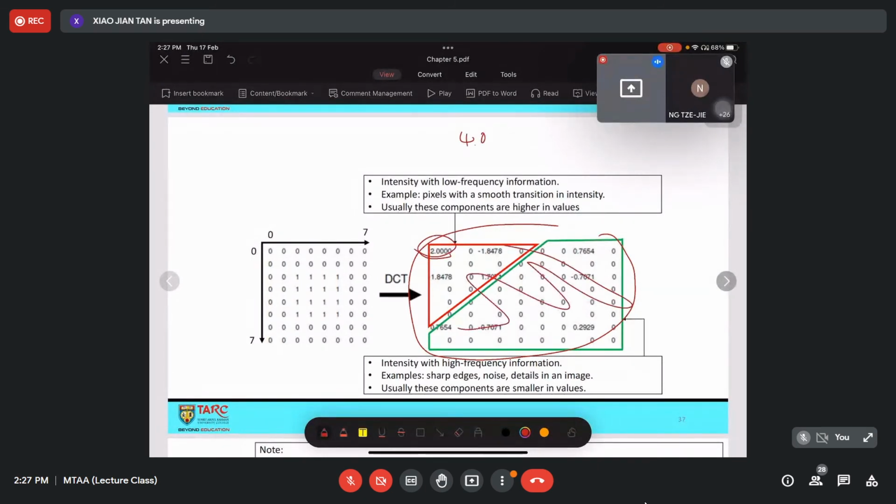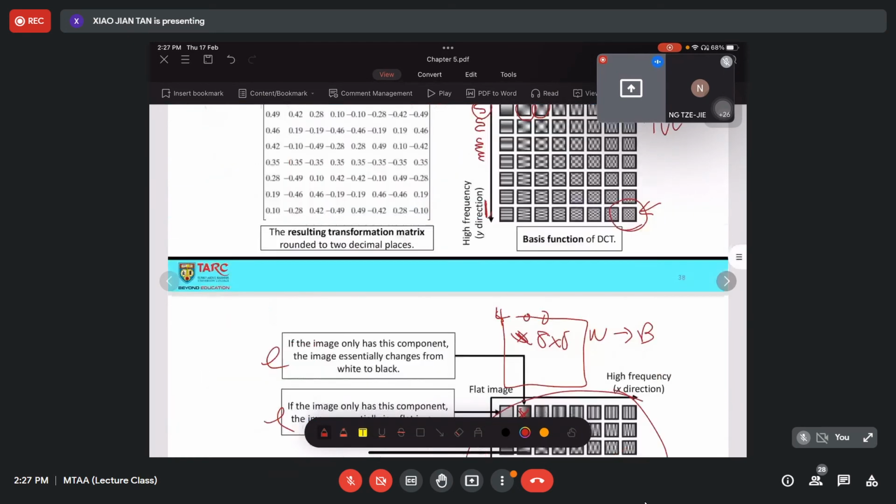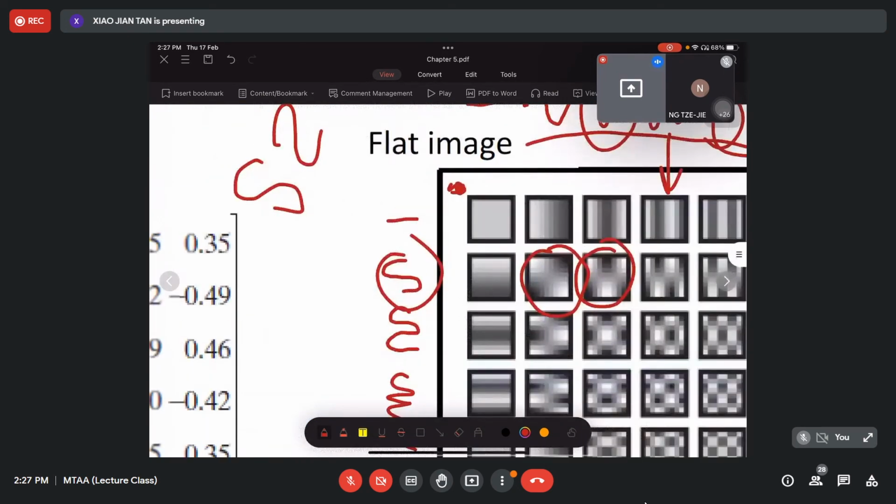Why? Because you only have the flat image color. You don't have any other component. So if you have only, for example, 8 times 8, you have only 4, and the rest is 0. So your entire image is changing from white color to black color, which obeys this.